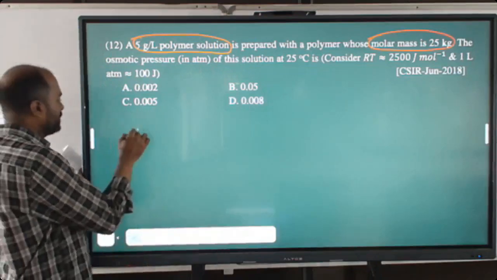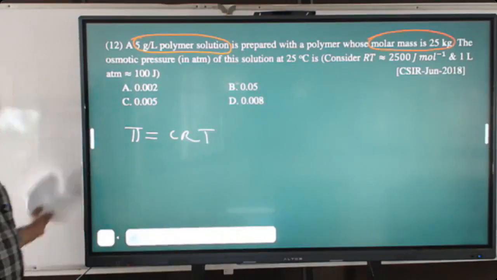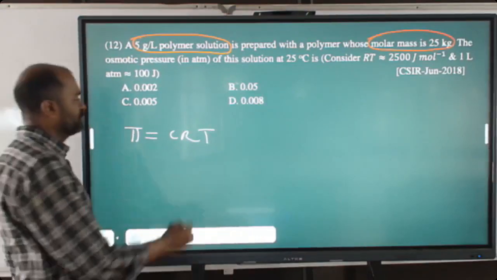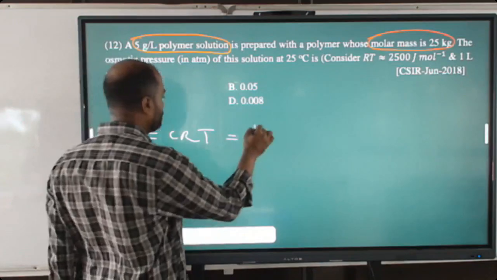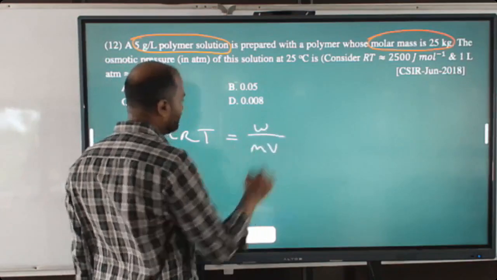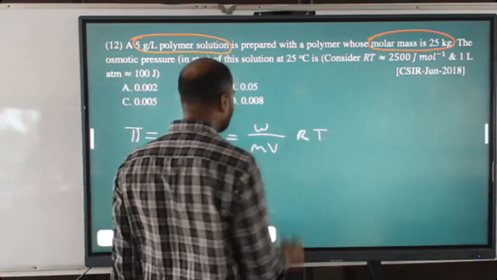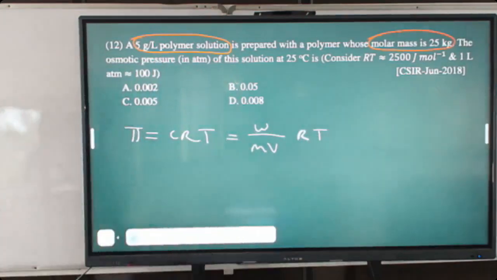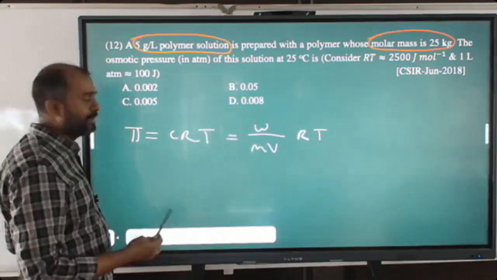The equation for osmotic pressure is pi is equal to CRT. C is replaced by weight divided by molecular weight into volume, so W divided by MV into RT, where W is the weight of the sample, M is the molecular weight and V is the volume.